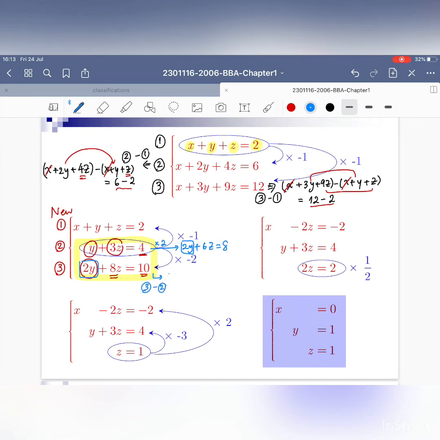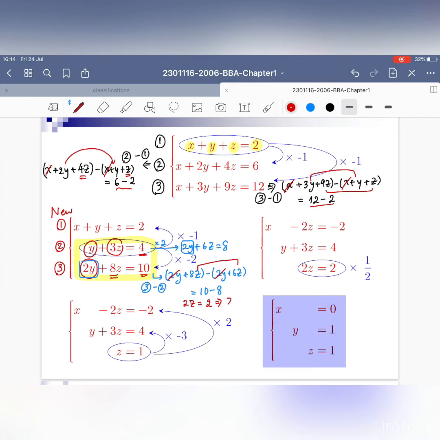Number 3 on the left hand side is 2y plus 8z, number 2 on the left hand side is 2y plus 6z, and on the right hand side, number 3 is 10, number 2 is 8. So again, all the y's cancelled, and you get 2z equals 2.